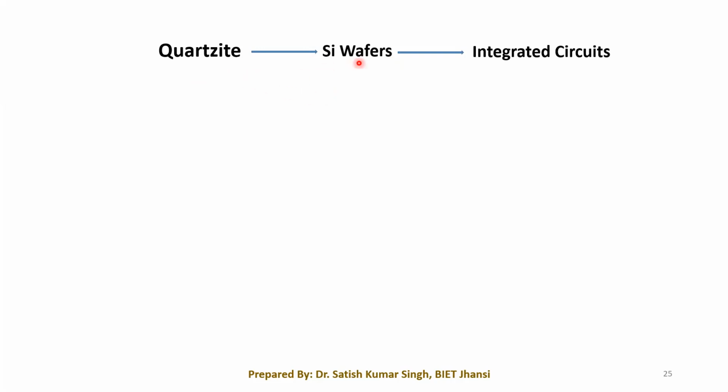There are several steps that we have to follow to get silicon wafers from the quartzite. Similarly, from the silicon wafers we have to do a number of processing steps to get integrated circuits. How this quartzite will be converted to an integrated circuit is very important.